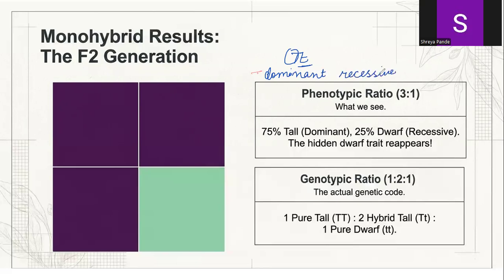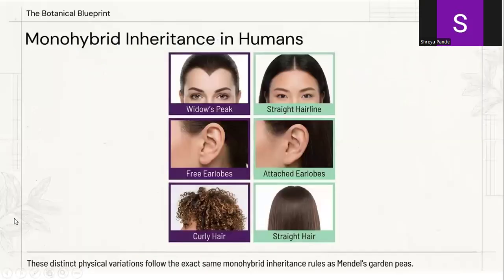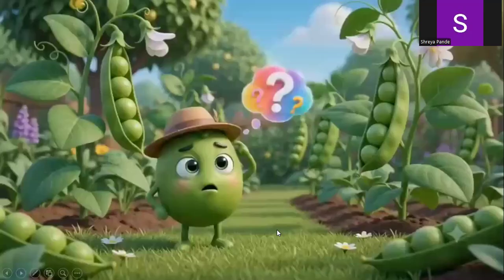And this also tells us about the law of dominance. Then we had talked about the cross. We had drawn this cross, and in today's class we'll be talking about the dihybrid cross, in which two pairs of contrasting characters are there. These were some of the examples, like curly hair, straight hair, etc.